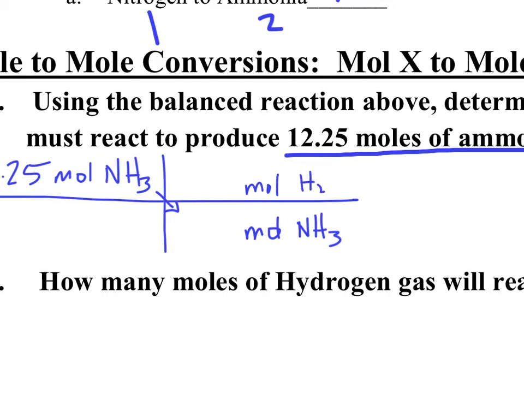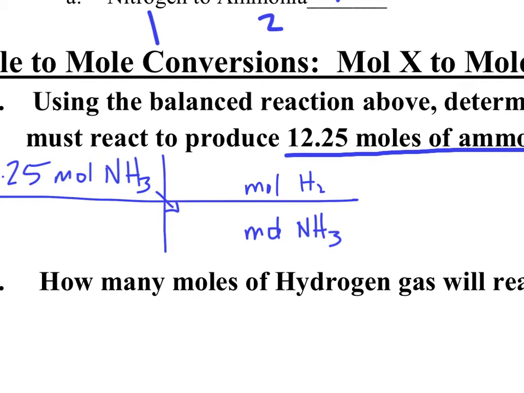Now, the only time that I can go from moles of one substance to a different substance is if I convert from moles to moles. Any other time, if I'm converting from moles to atoms, I must go from moles of ammonia to atoms of the same thing.